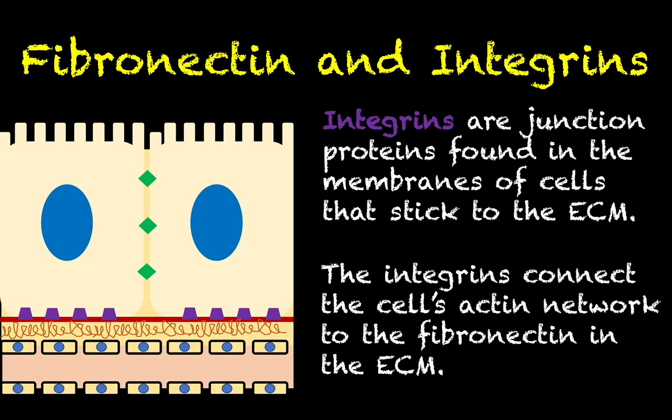So what these integrins do is as they are integral membrane proteins and they go all the way through this basolateral membrane, on the extracellular side, they stick to the fibronectin that you find in the ground substance, as you can see here. That's what all these squiggly lines are.